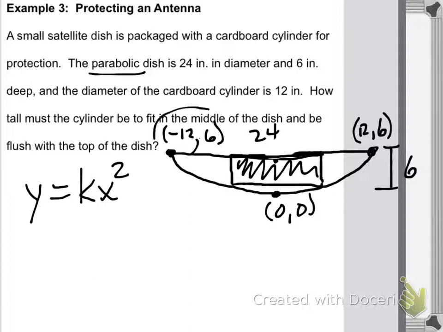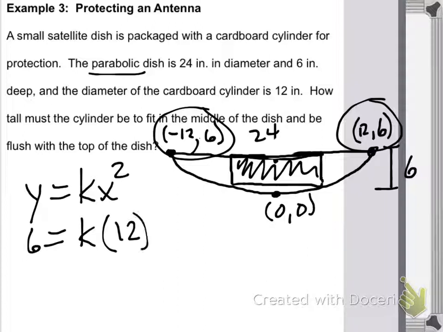Well, the reason I found those points is because now I can plug one or both in for x and y, because I want to find out what K is.